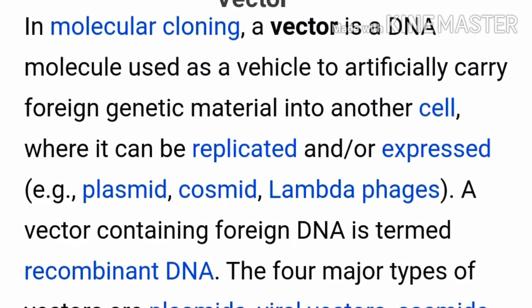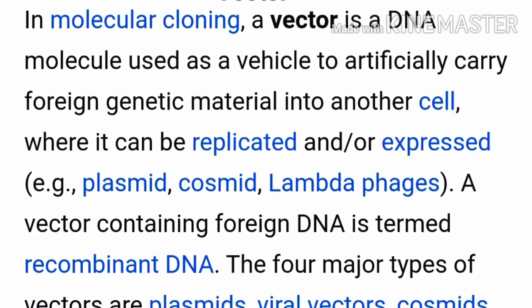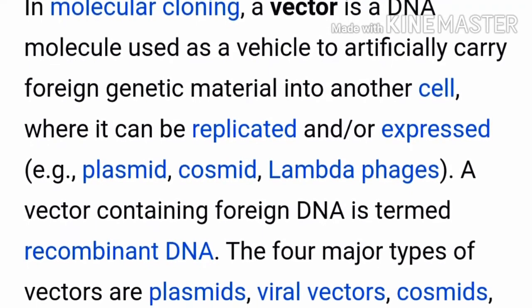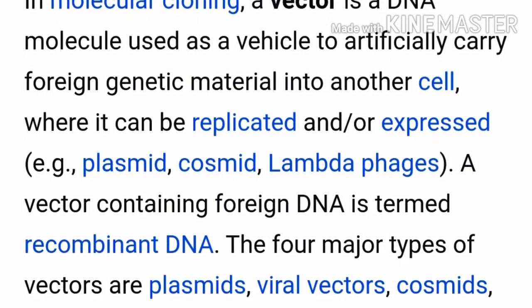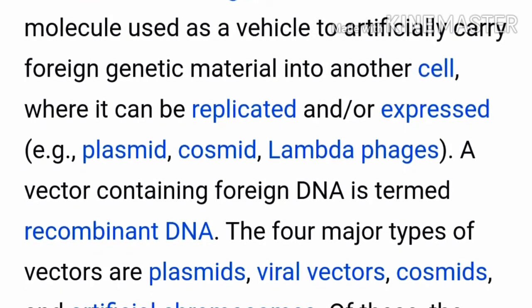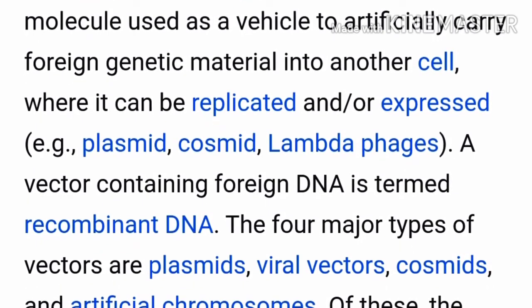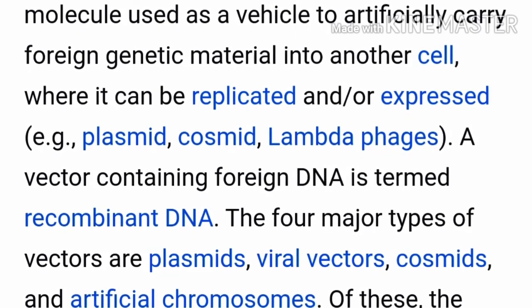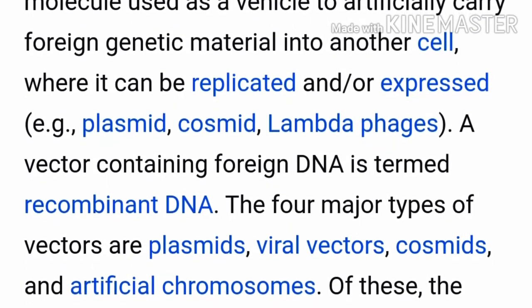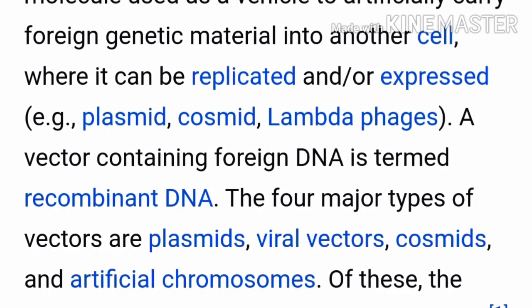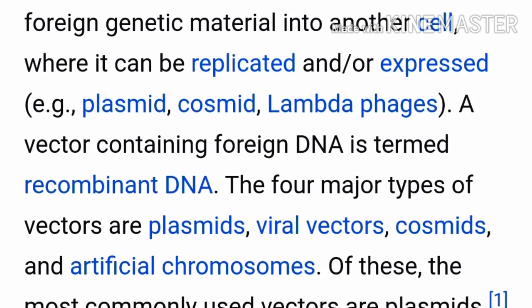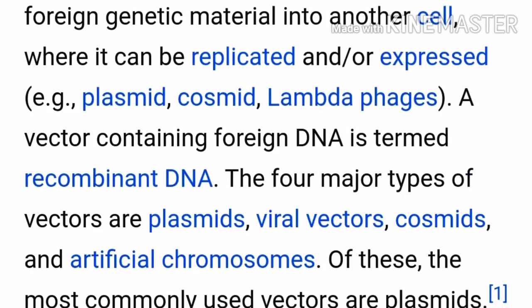Next, the vector. In molecular cloning, a vector is a DNA molecule used as a vessel to artificially carry foreign genetic material into another cell, where it can be replicated or expressed. A vector containing foreign DNA is termed recombinant DNA.